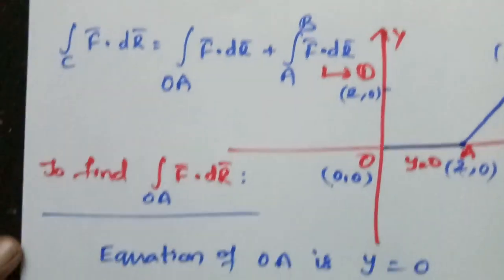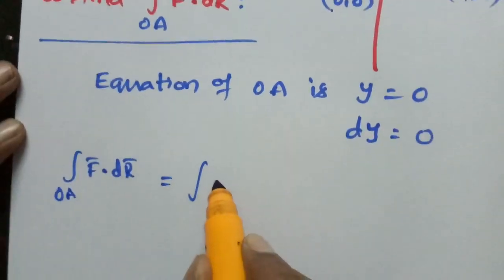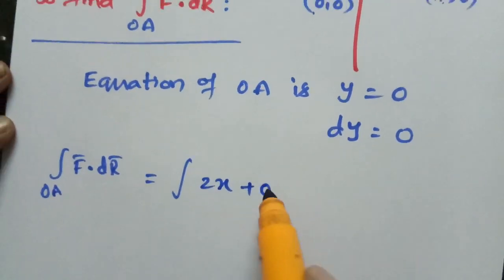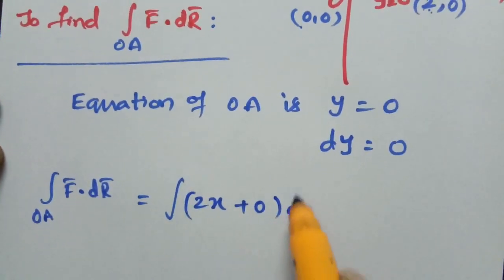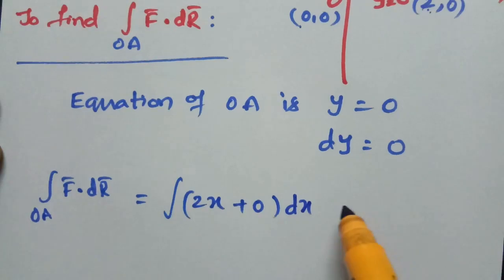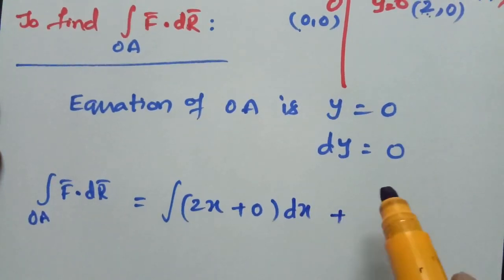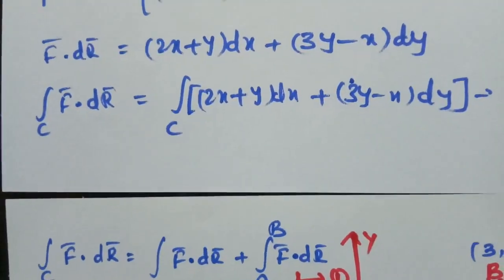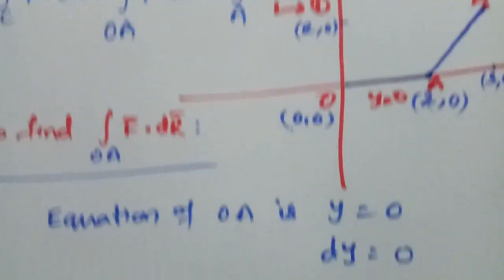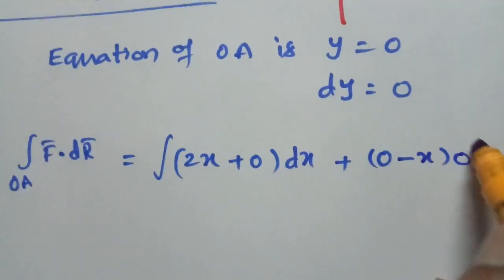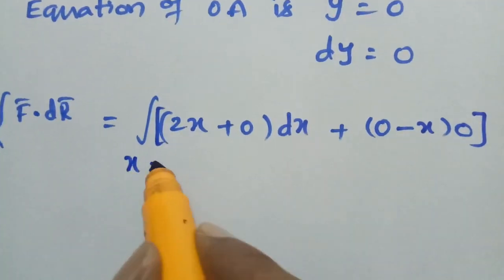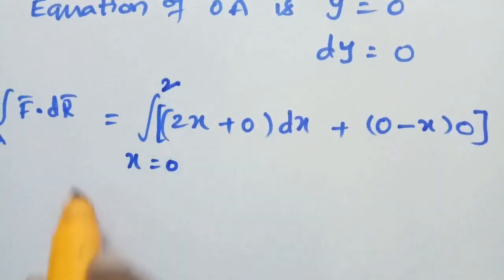Therefore, 2x plus y value 0 into dx plus 3 into y 0 minus x into dy 0, and x varies from 0 to 2.